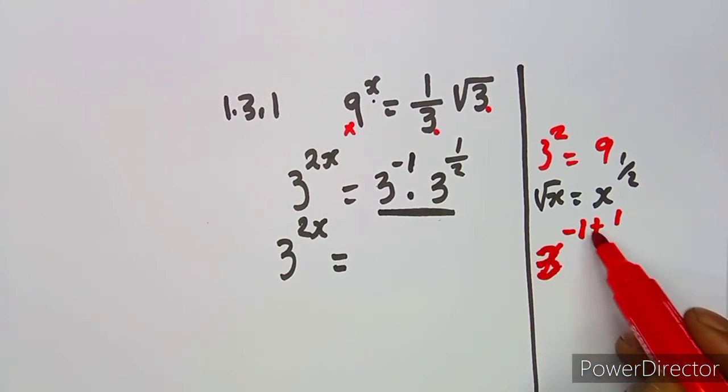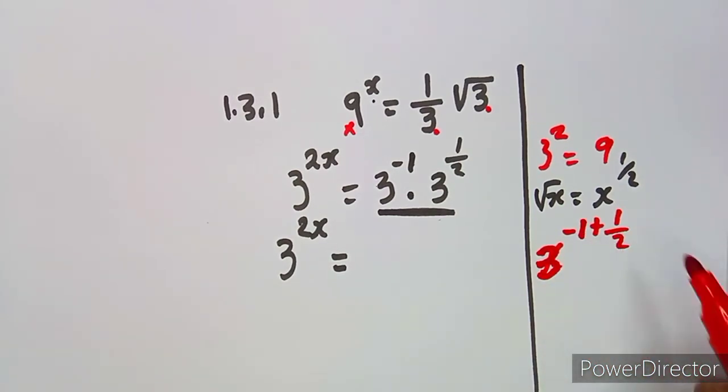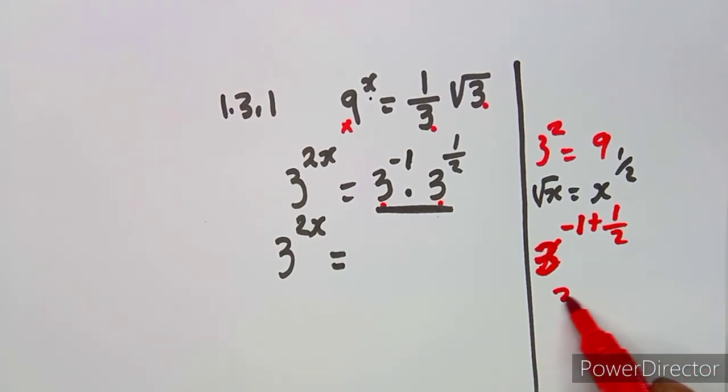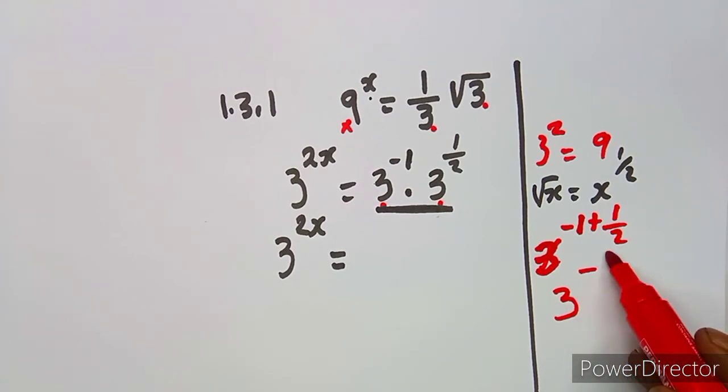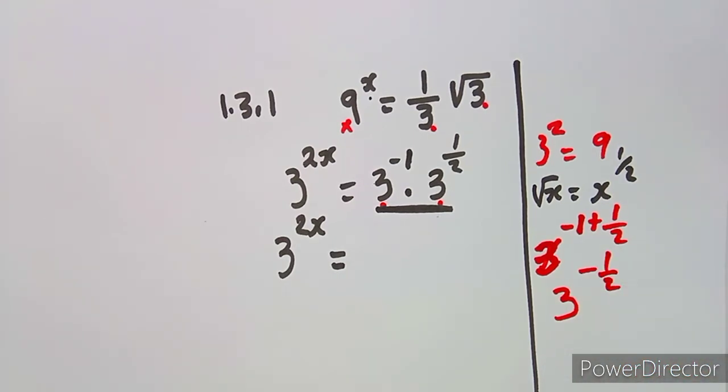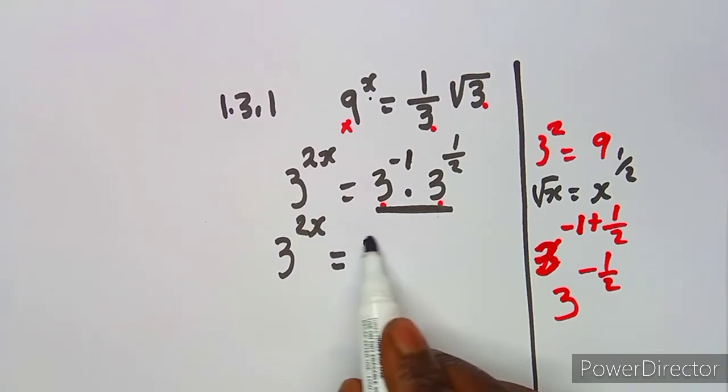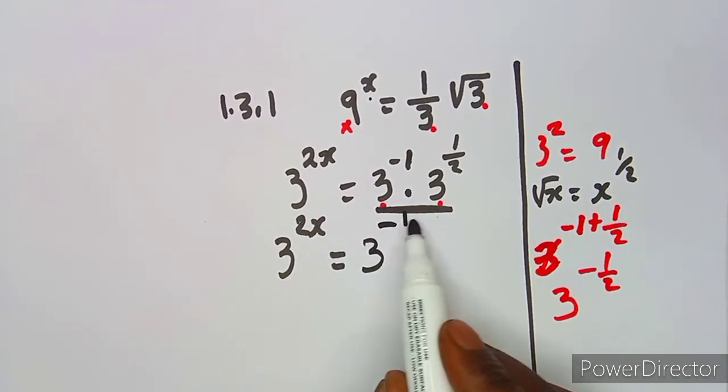So it's 3 to the exponent of minus 1 plus a half, because the bases are the same. So we have to add the exponents, which is going to give us minus a half there. If we are not mistaken, guys, we're going to obtain a minus half from your calculator there. Minus 1 plus a half, which is minus half. Then that's what you're going to write here. 3 to the exponent of minus half.